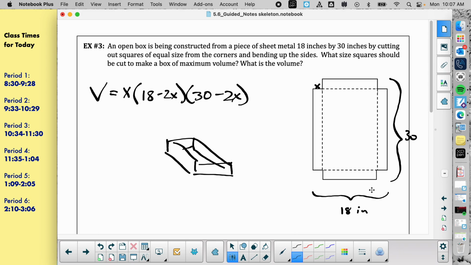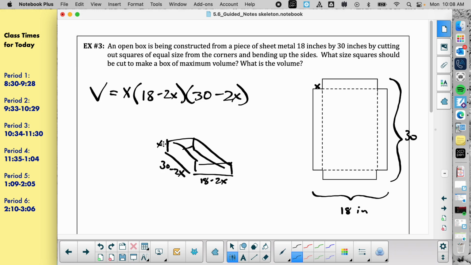And when you fold up the sides, this piece on the bottom was 18 inches long originally, but when I cut out x by x, I cut off a length of x on each side. So that's the 18 minus 2x. Each corner has those 2x's cut off. And then the same with the 30. When it's folded up, it started off 30 originally, but the length is now 30 minus the 2x's I cut out. So this would be 18 minus 2x times 30 minus 2x by x.